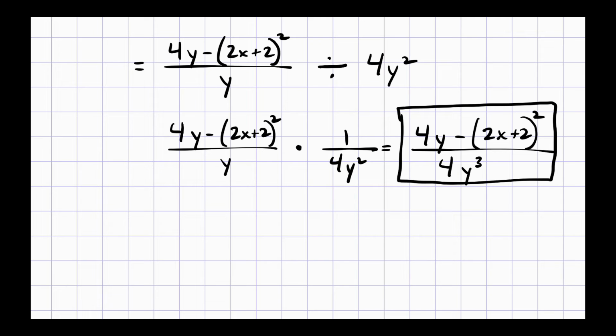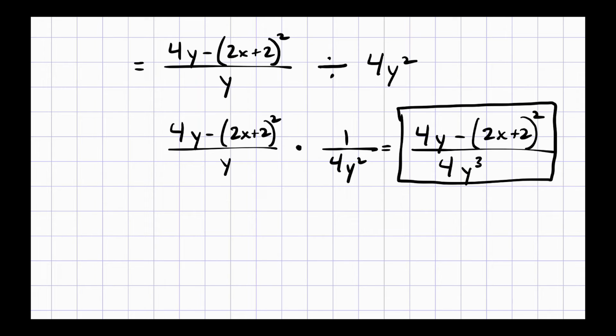Simplify how? Oh, okay, because there will be a 4, and this one doesn't have a 4. Oh, okay, I see what you're saying.